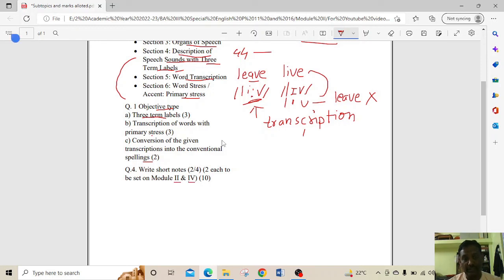So there will be 4 short notes. Automatically it means that 2 short notes will be set on module 2nd.